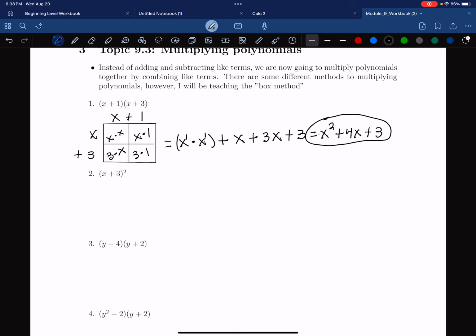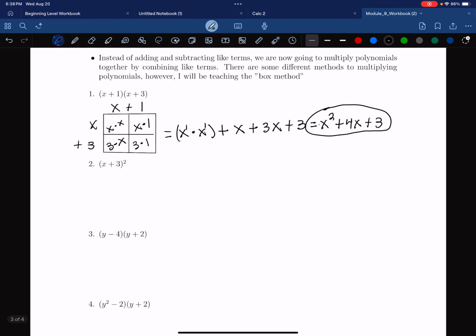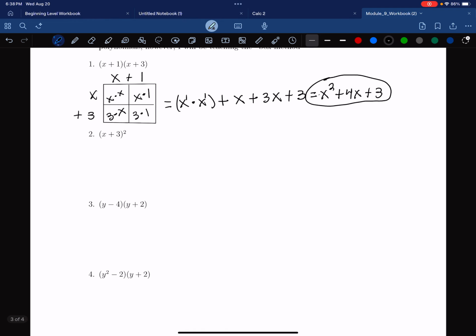So looking at example 2, we have x plus 3 all squared. So what does that mean? Well, remember, whenever we have something squared, that means we're just going to multiply that thing by itself 2 times.